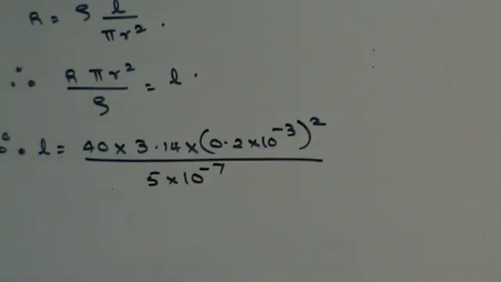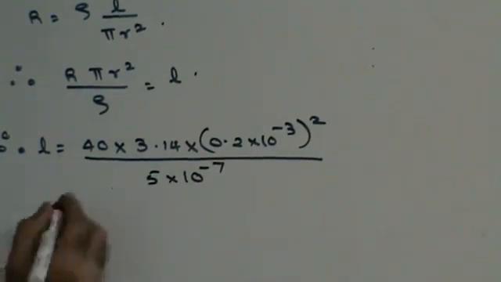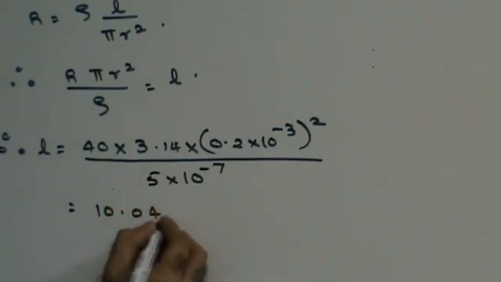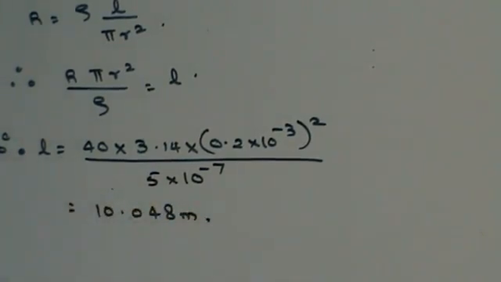When you solve this equation, you will get the answer for length as 10.048 meters. So the length of the wire will be 10.048 meters.